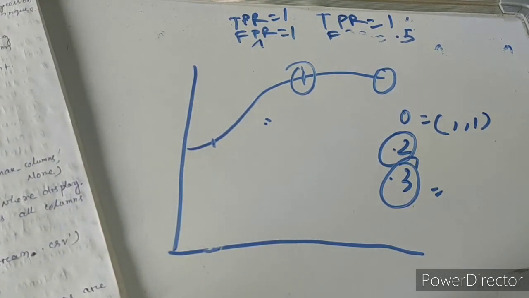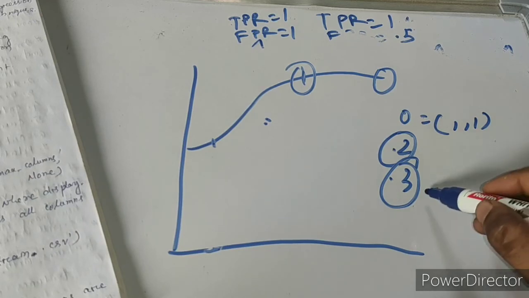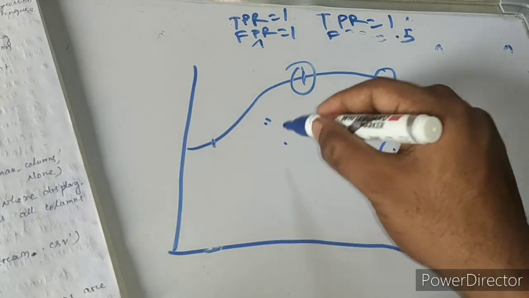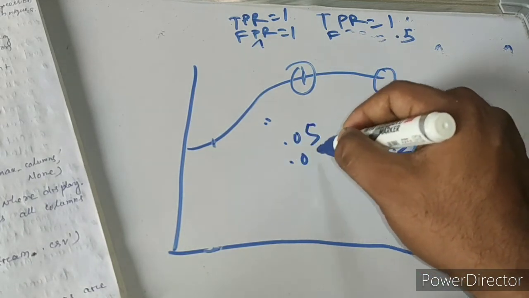Suppose the domain expert says I need a better true positive rate but do not care about the false positive rate, then a threshold of 0.2 will be selected, which gives 1, 0.5. If the expert says we need both true positive and false positive to be balanced, then we can select a threshold of 0.3, which gives something like 0.5 and 0.6.